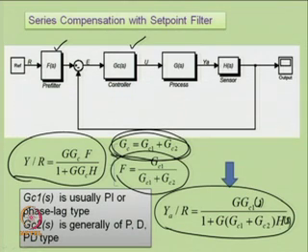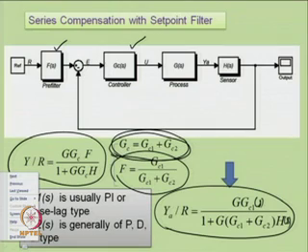That is exactly what we got from the series feedback compensation scheme. So, this control structure is not different from the series feedback compensation scheme; rather it has been redrawn in this fashion. Now, GC1 is usually PI or lag type, and GC2 is generally of proportional derivative type, as we used in the earlier series feedback compensation scheme.